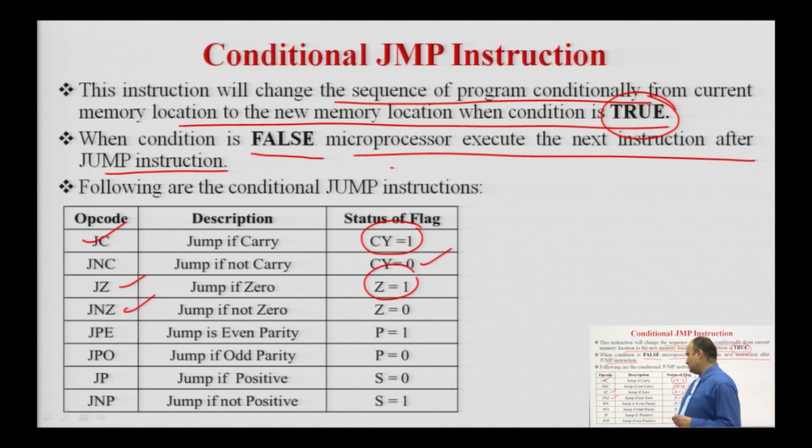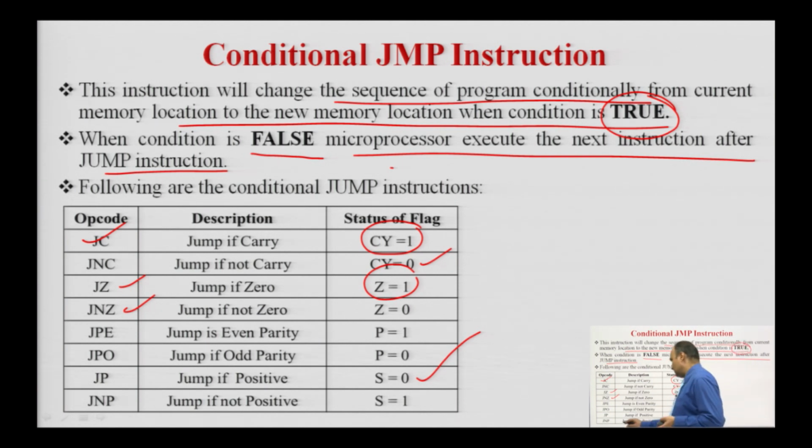The next instruction is related with the sign flag. Jump if positive: the number is positive, or the sign flag is reset. If the number is positive or when the condition is satisfied, then the microprocessor will transfer the control from the current memory location to the new memory location. Otherwise, if the condition is false, the microprocessor executes the next instruction.